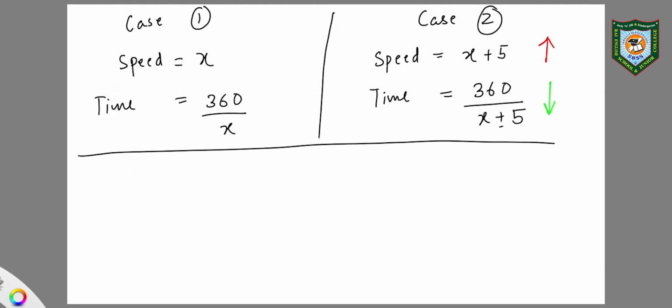Now the statement says it takes 48 minutes less to cover the same distance when the speed has been increased by 5. So I can safely say that 360 divided by x plus 5 is the new time taken and this is going to be less. Therefore we have to add 48 minutes to this, which is equal to 360 divided by x, which is our original time.